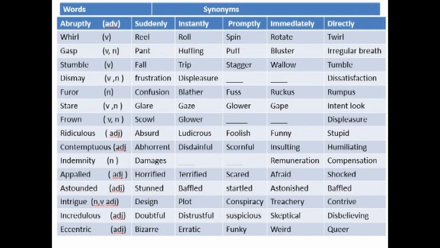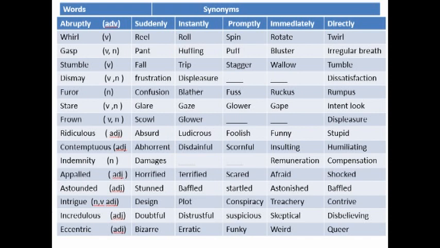The first word is abruptly, which is an adverb. It means suddenly, instantly, promptly, immediately, or directly. Second word is whirl. It means reel, roll, spin, rotate, twirl. And by the way, it is a verb. Gasp.